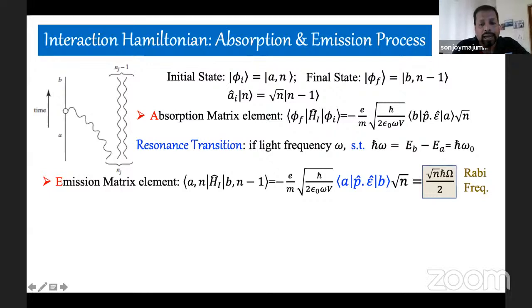So now if you write that, as you have seen from the way we write that interaction Hamiltonian, you will be able to separate out the electronic or atomic part and the electromagnetic part.